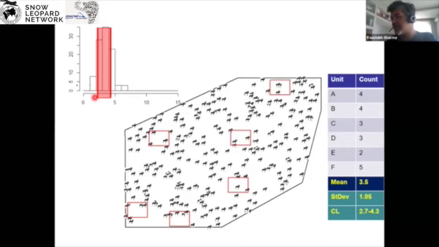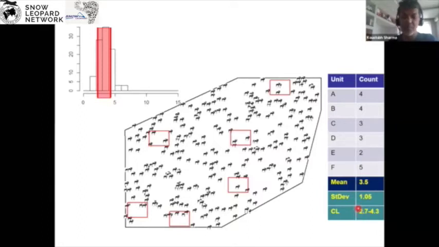There's a 2.5% chance that the actual mean would be less than 2.7, and there is a 2.5% chance that it could be more than 4.3. In other words, for our estimated mean of 3.5, the value is not 3.5, but it is somewhere between 2.7 and 4.3 with 95% probability.